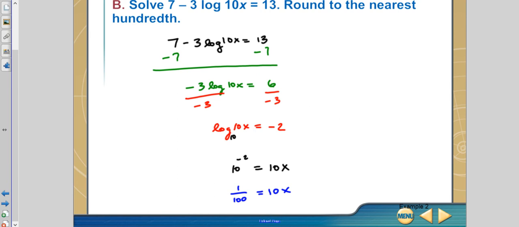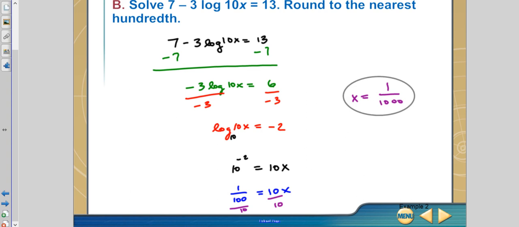So how do I get x by itself? Once again, I divide this by 10. If I divide by 10, it turns into 1 over 1,000. So x would equal 1 over 1,000. And again, you could use the calculator if you don't know that math. That would be your answer there.